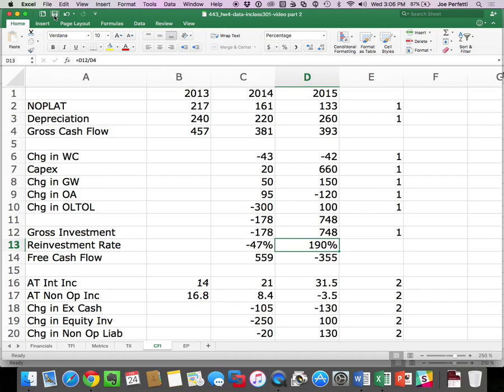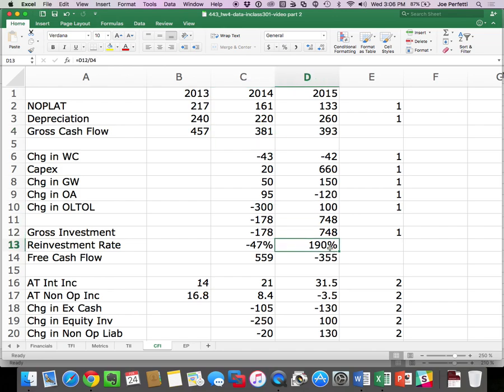That means they put profits from previous year into investment. Yeah, that every dollar of gross cash flow, profit, we'll call that profit, every dollar of gross cash flow was basically put back into the business. That would be 100% reinvestment rate.